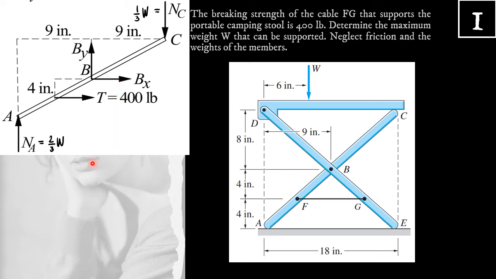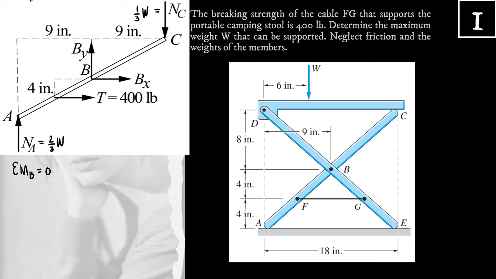Now, how do we solve for the weight W, which is asked in the problem? We simply take summation moment at point B equal to 0. That way, NA and NC, which are both expressed in W, have moments about point B, as well as the tensile force, 400 pounds. So we have summation moment at point B is equal to 0.